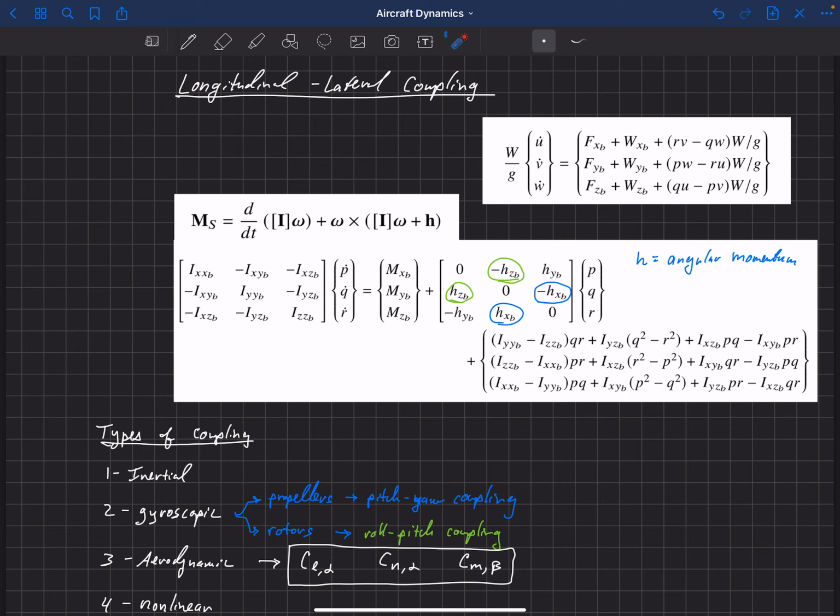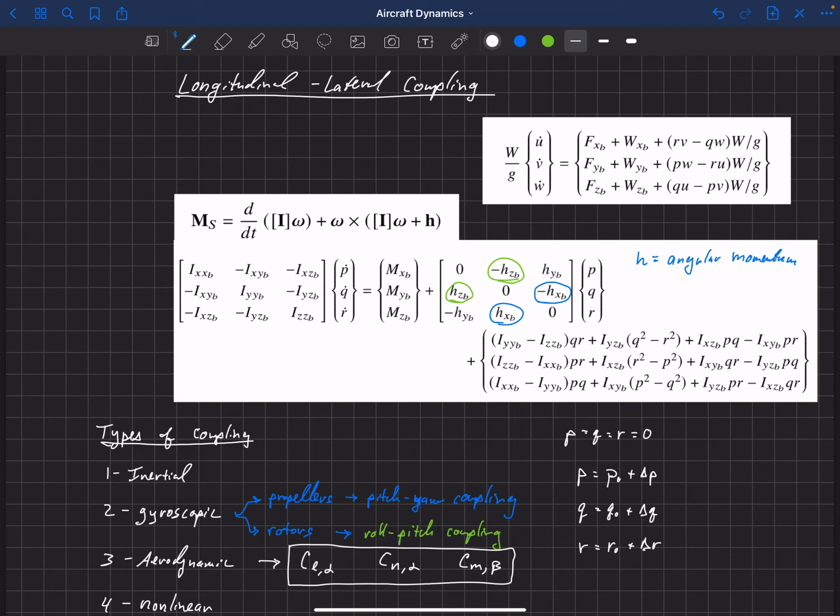And the equilibrium state that we chose was that P, Q, and R were zero. And so remember, we could write P as some P naught, some equilibrium P, plus a delta P. And then Q we wrote as some Q naught plus delta Q. And R was some R naught plus delta R.